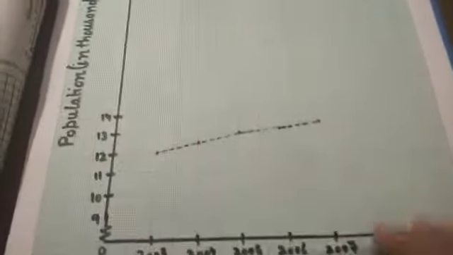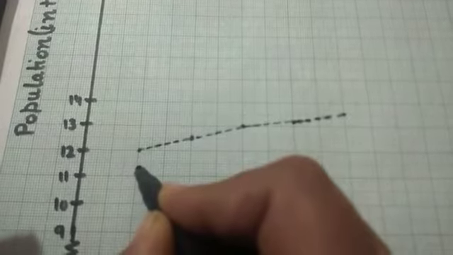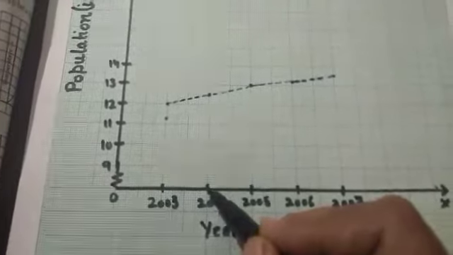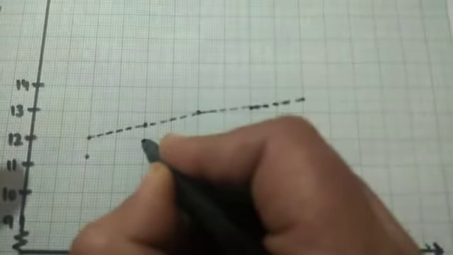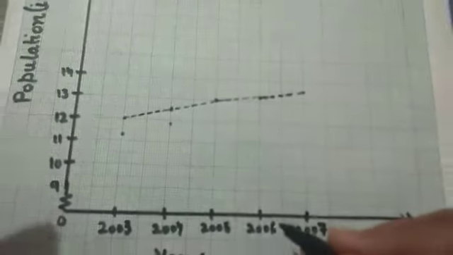Now the second value we'll take, in 2003 the population of women was 11.3. So in 2003, 11. Now 1, 2, 3, on the third point we'll indicate. Next, in 2004 it was 11.9. So this is 11.9 in front of 2004.